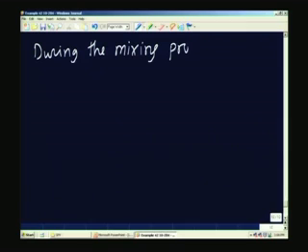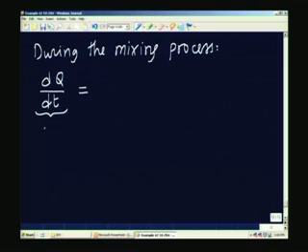So, the consequence is that during the mixing process, we can write the following equation: dQ by dt, the rate at which the heat is changing with respect to time, is actually the rate at which heat is given up by the solid.